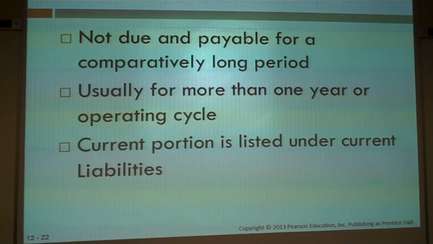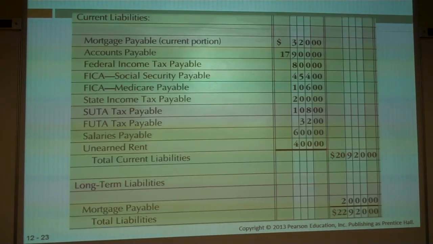And then the long-term liabilities, they're not due for a very long time. Our mortgage would be one of those, usually more than a year. And then just remember to move the current portion to the current liabilities. Our problem will have to tell us what the monthly payment, the quarterly payment, or the annual payment is, and we'll have to move that to the current.